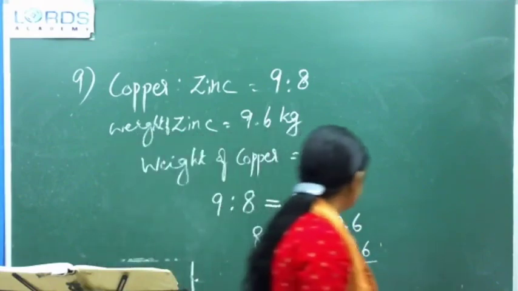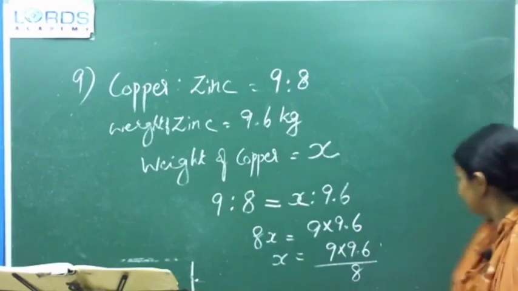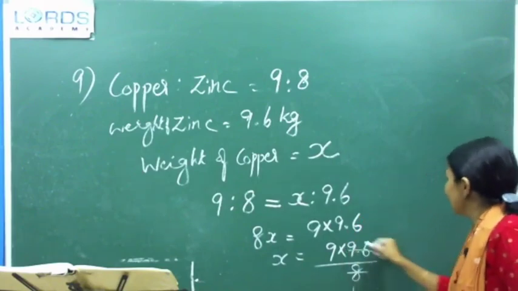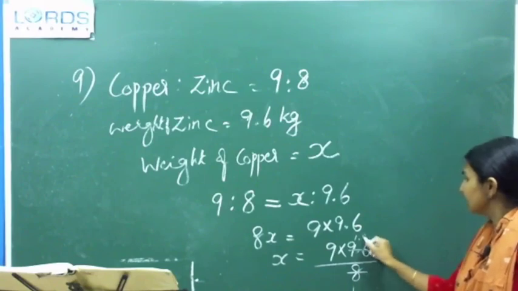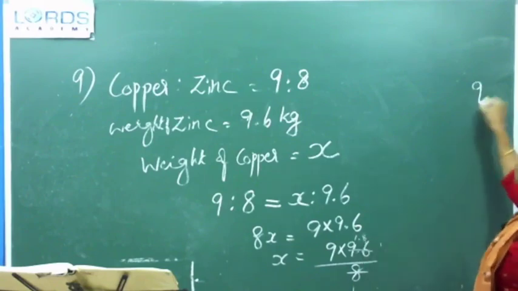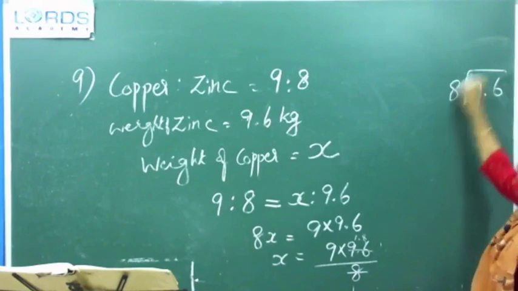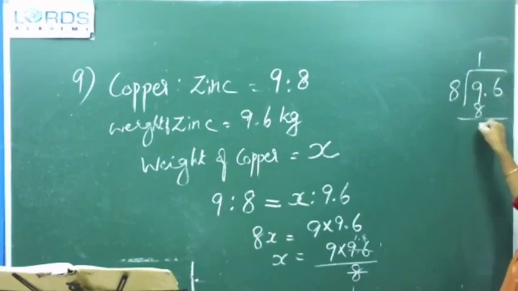Can we cancel this 9.6 and 8? 8 in 9.6, one time, balance 1, 16, 8. If you don't know, just see this. One time. Before that, we should put point. Now, 16, 2.